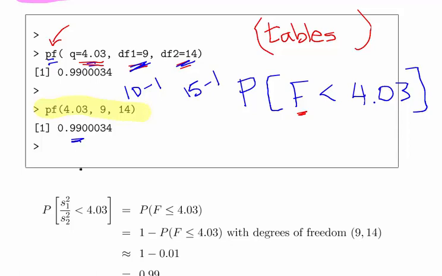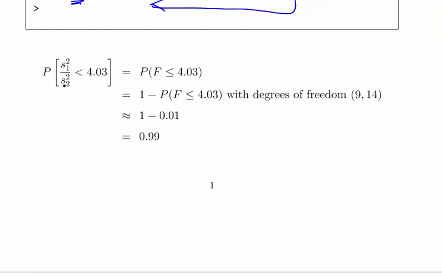The answer to this question turns out to be 0.99, rounded to 2 decimal places. That's the probability that the variance ratio is less than 4.03, that is, the probability of F being less than or equal to 4.03. Really, it doesn't matter too much.